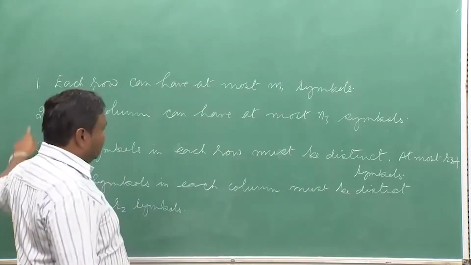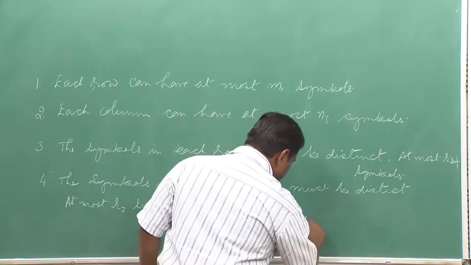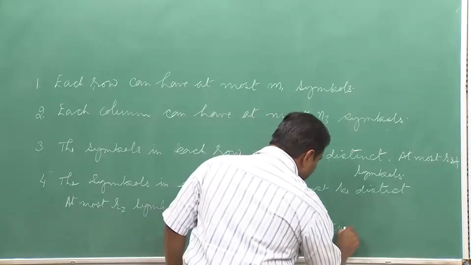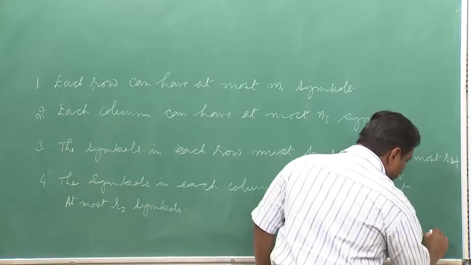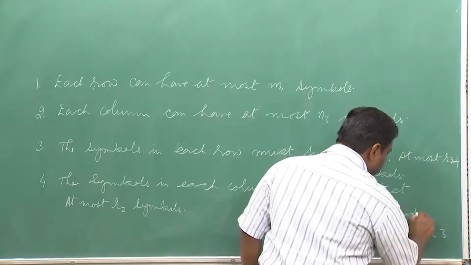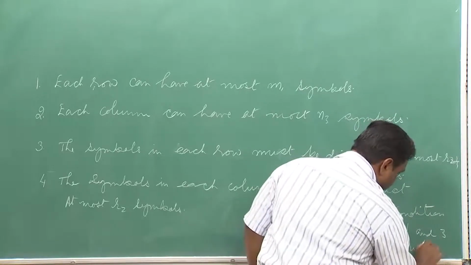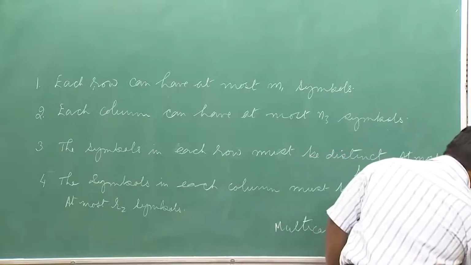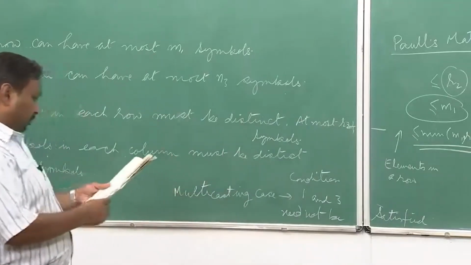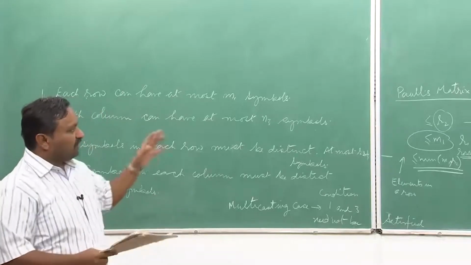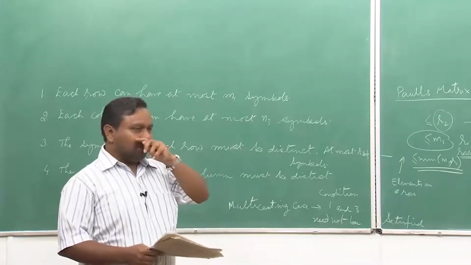So, conditions 1 and 3 need not be satisfied for multicasting. Okay, so that is what the Paull's matrix is all about, and that is how we can represent a 3-stage Clos network in a Paull's matrix.